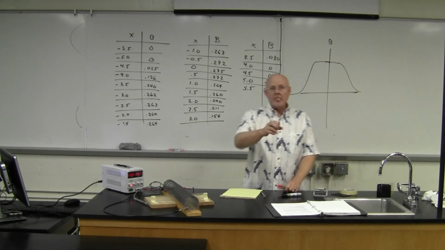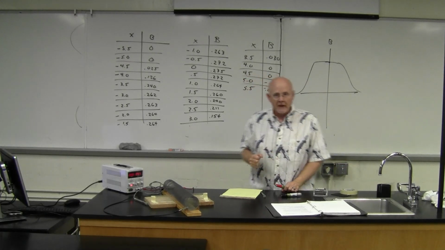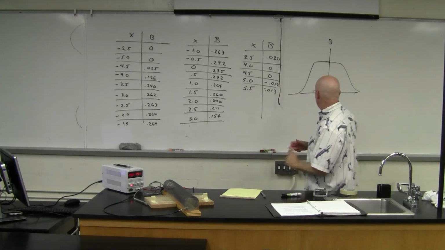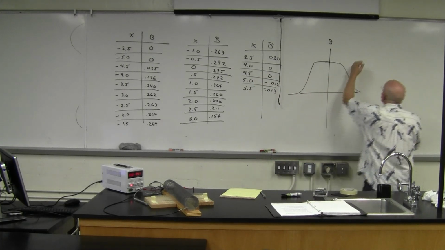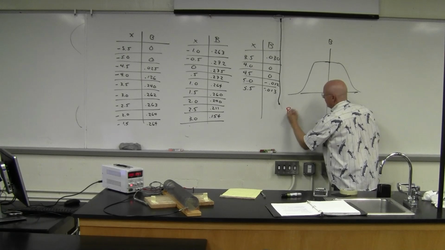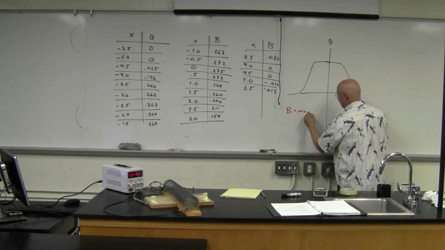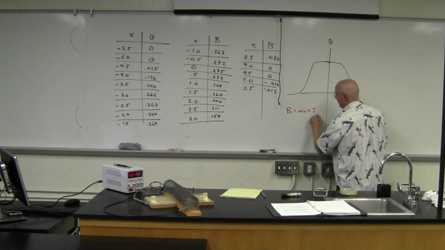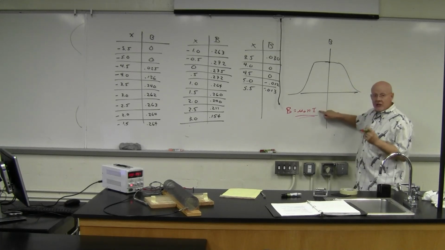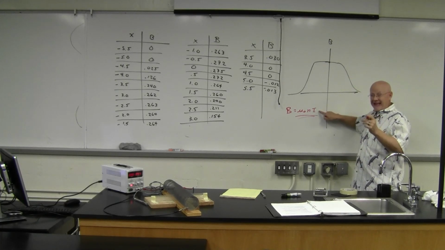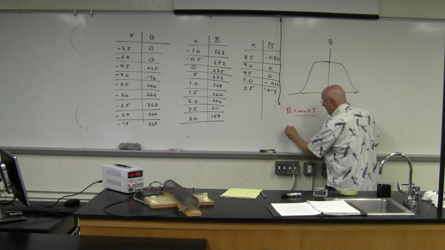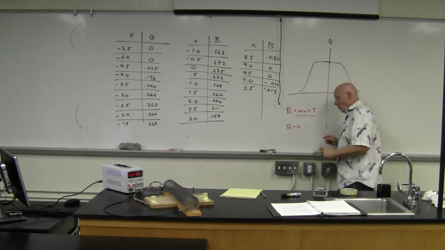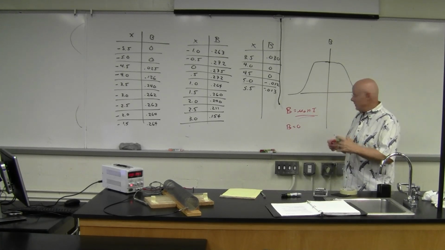But also do the theoretical one. When I say the theoretical one, what I mean is get out your calculator and calculate this theoretical value. That is supposed to be the magnetic field at its center, and then 0 when you're not at its center.